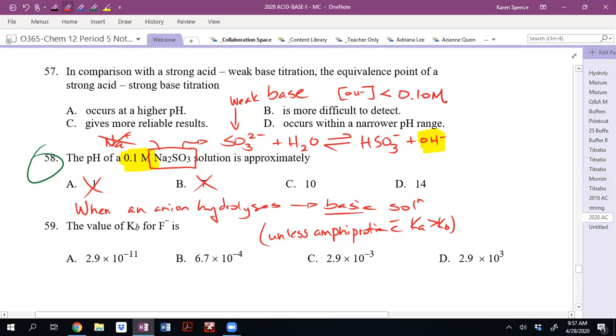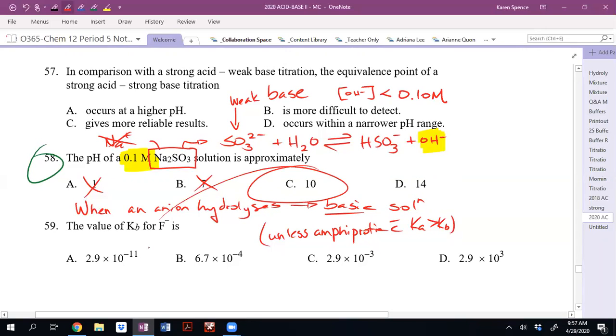If the concentration of OH minus was 0.1 molar, the pOH would be 1, and that would mean a pH of 13. Since it's less than that, it's going to be a pH of 10.